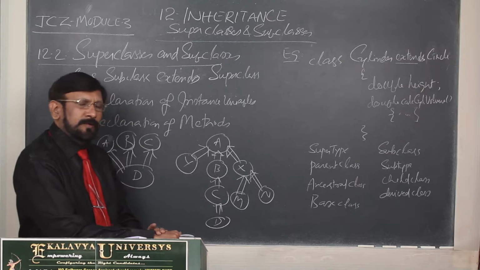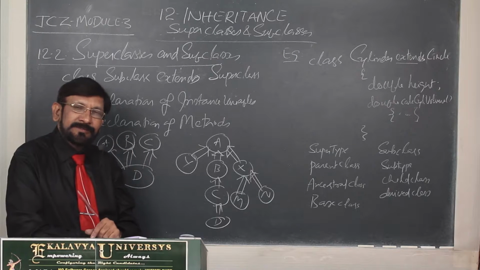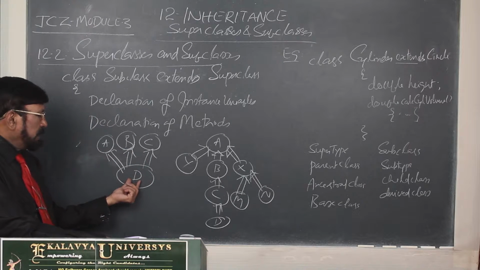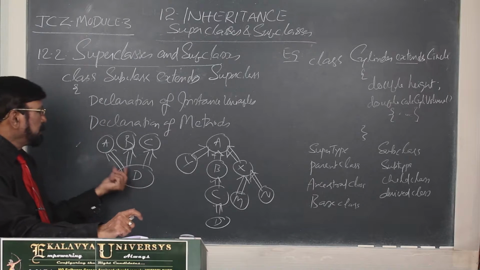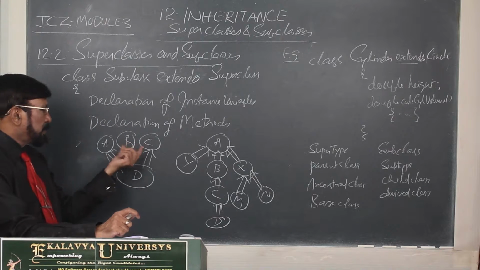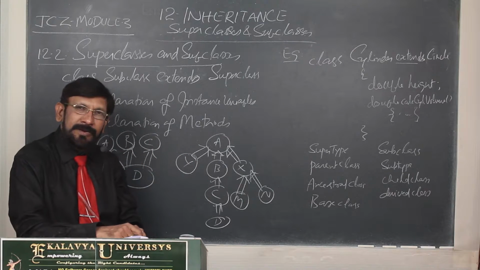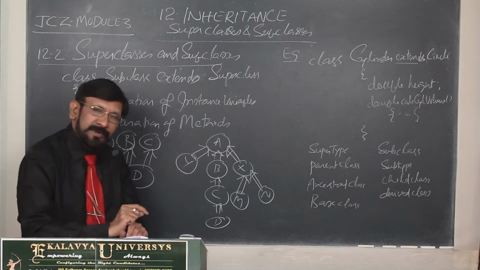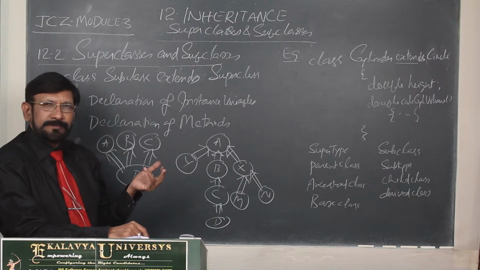What is not allowed in Java, you must understand, is multiple inheritance. That means multiple immediate superclasses. For D, multiple immediate superclasses A, B, C. That is not allowed. In C++, it is allowed, but it is creating some side effects.